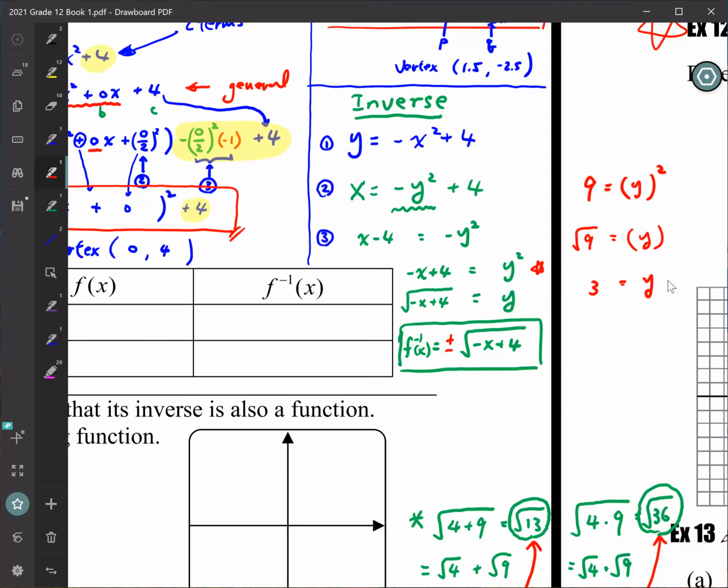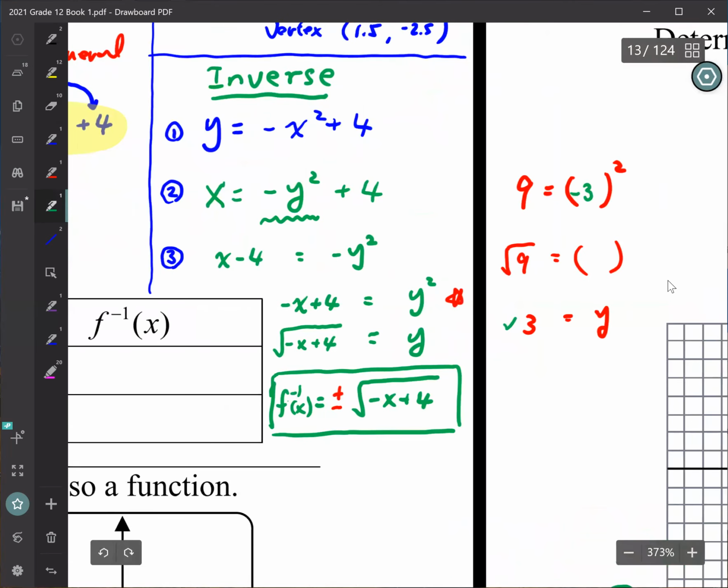But if you look at the original question, if I put in the 3, the answer that you got, 3 squared equals 9. So 3 works. But if I put in -3 and square it, it will also work. -3 times -3 will also be 9. So your answer should also include -3.